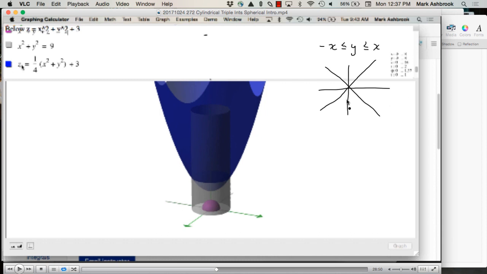Where's that? Here, right? That's what we're talking about in the xy plane, because y below x and above negative x has to be over here.